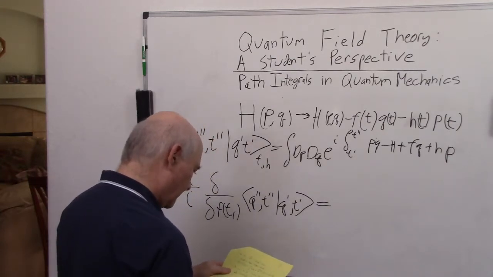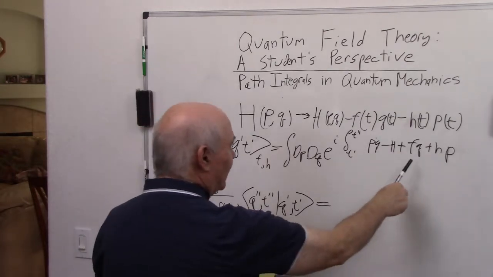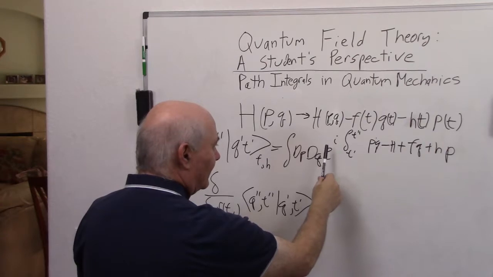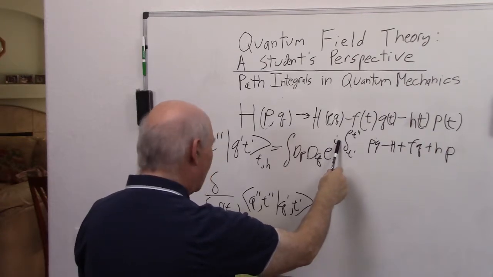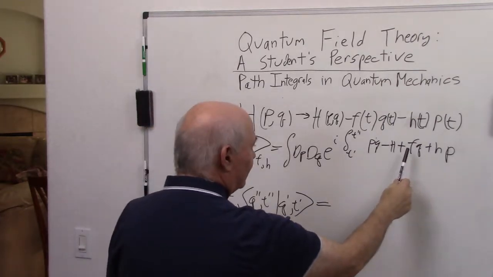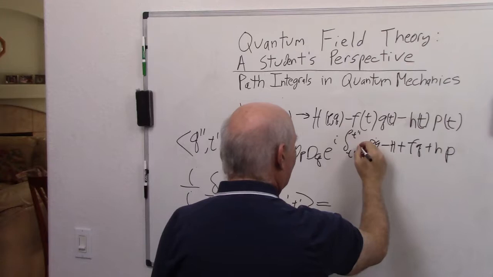We're taking the derivative with respect to f of t1. We have this exponential, it's going to stay here. We're going to get an i, that's why I have a 1 over i here, that's going to cancel that.